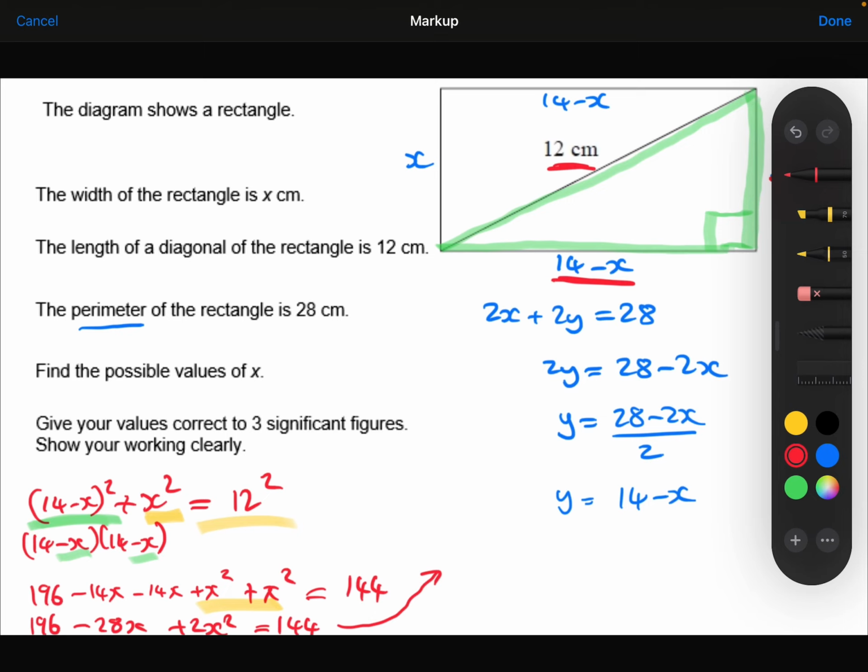The 196 take away the 144 is 52. And next, because I can, I'm going to divide all of these terms by 2 just to make the numbers a little bit easier to deal with. The 52 divided by 2 is 26. The 28 divided by 2 is 14.